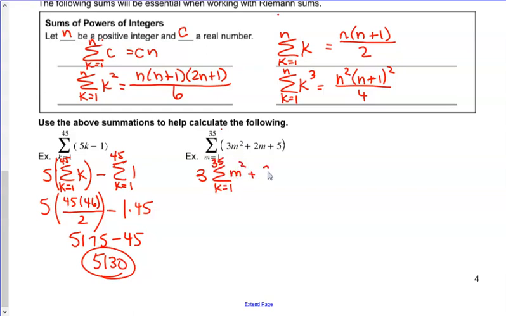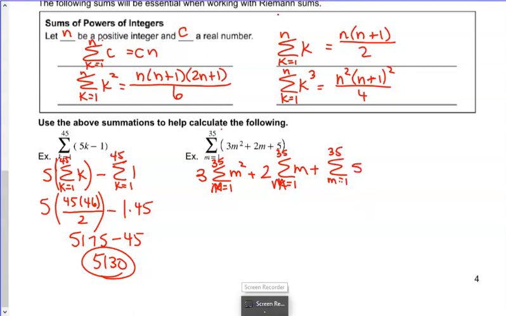Then I'm going to bring the 2 out of the summation of m equaling 1 to 35 of just the m. Whoops, this should be an m, sorry. You start changing things up, I forget to change them. Then I'm going to sum from m equaling 1 to 35 of just the constant that's at the end.